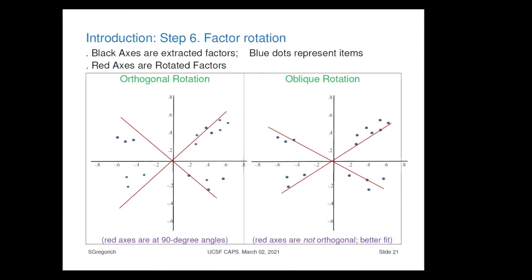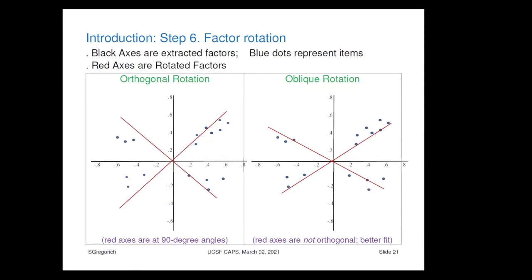So this is just a graphical example. People used to do rotation by hand. They would get their graph paper and their ruler out and start moving things around. On the left is an orthogonal rotation.